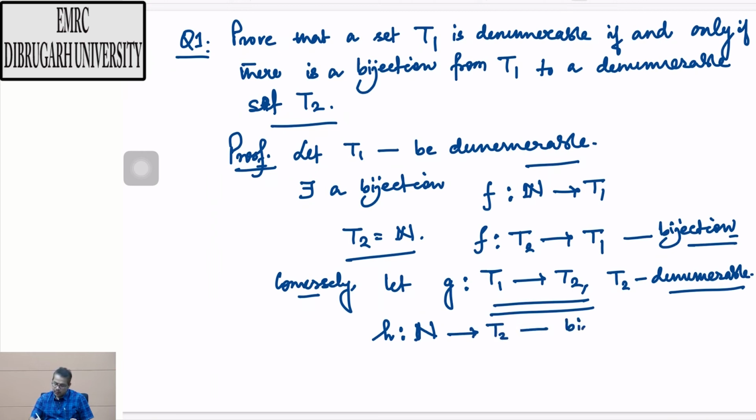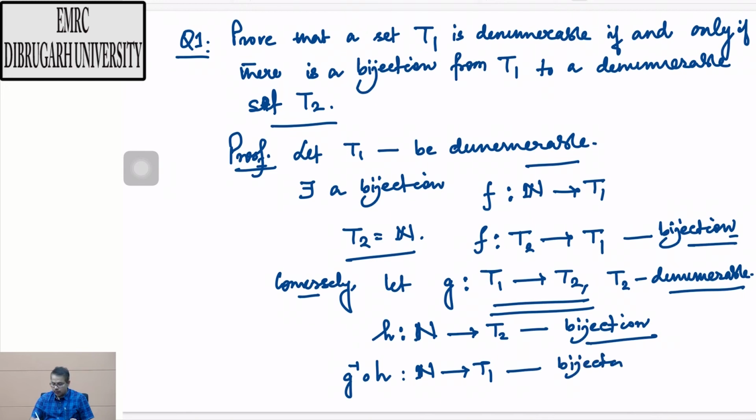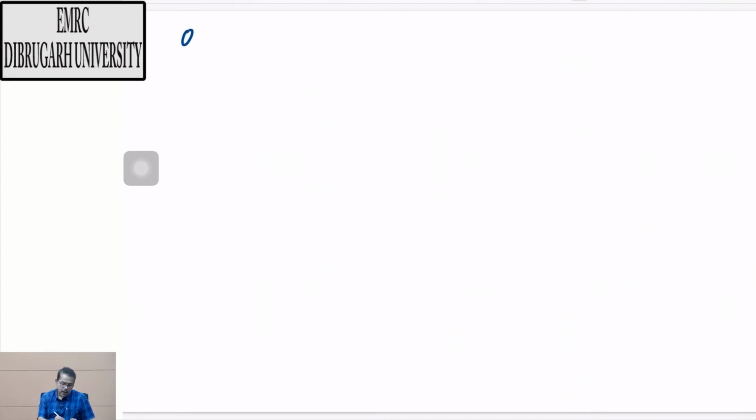So, the mapping Z inverse of H from N to T1 is again a bijection, being the composite mapping of two bijections, and therefore T1 is countable, or you can say denumerable. Now, we have the next question.